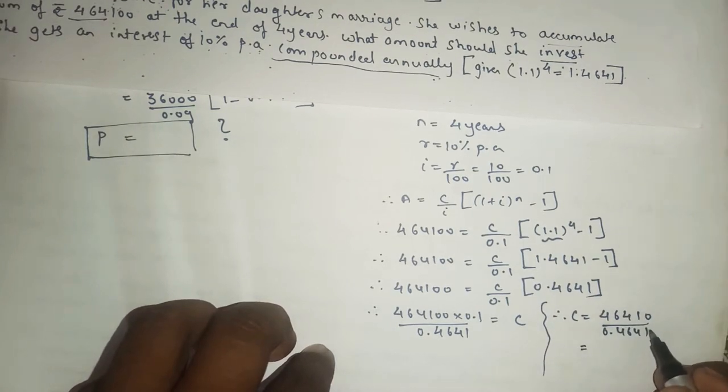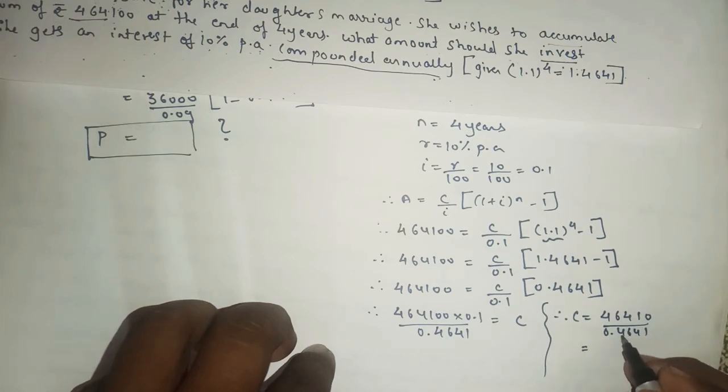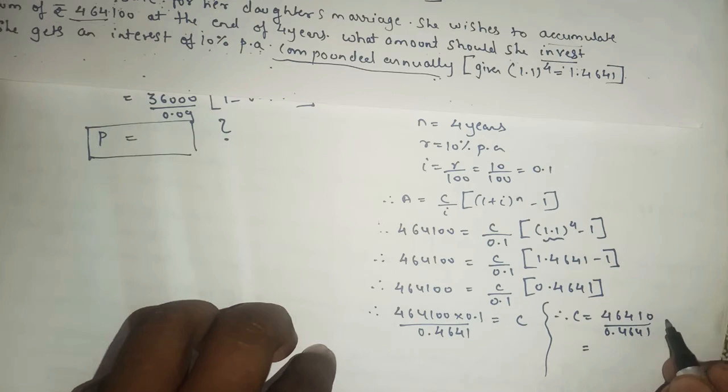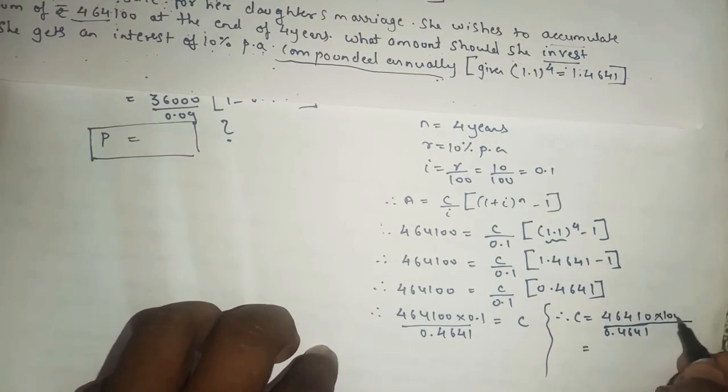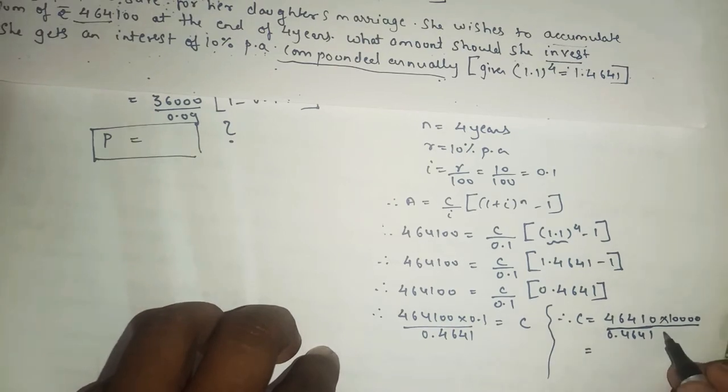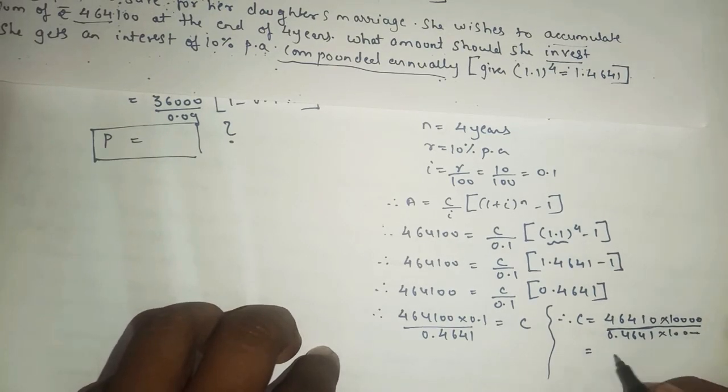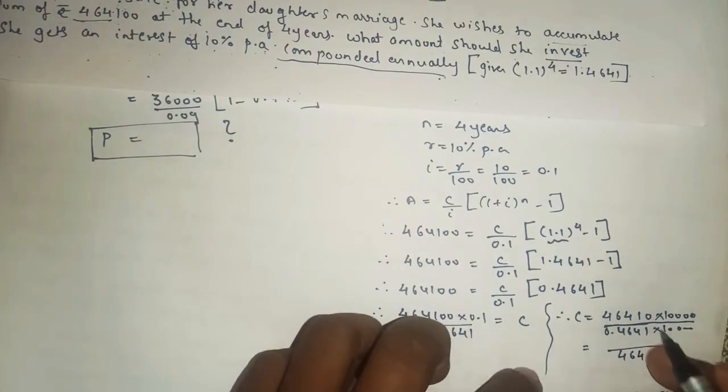Now remove the decimal. As here we have the decimal after 4 places, we have to multiply it by 10,000, yes or no? So when you multiply by 10,000, here you will get 4641, yes or no?